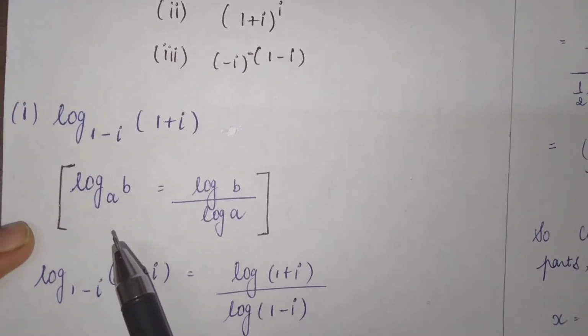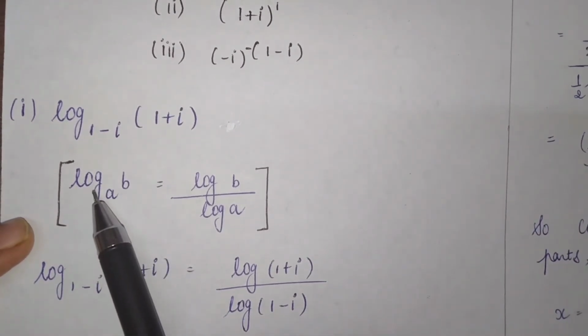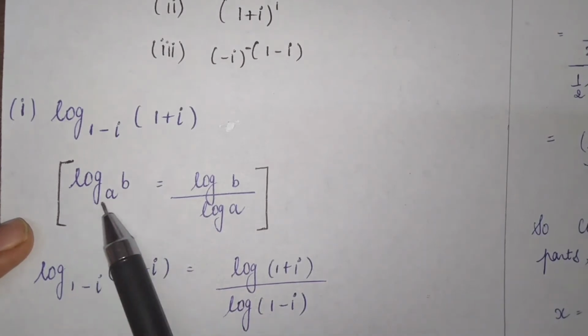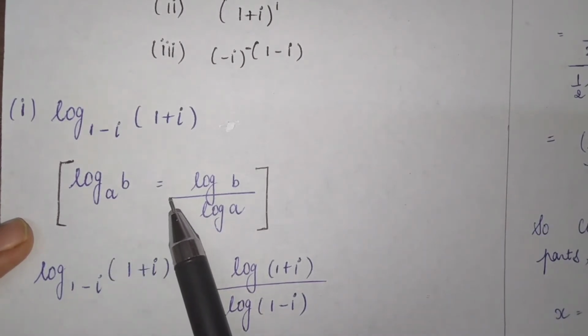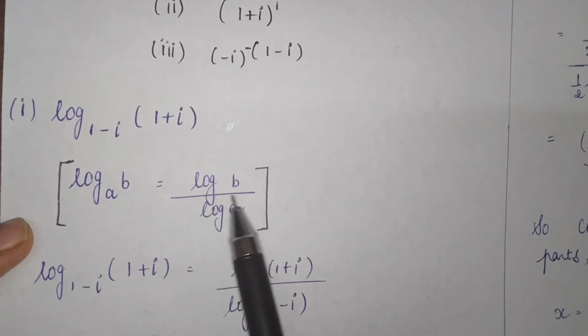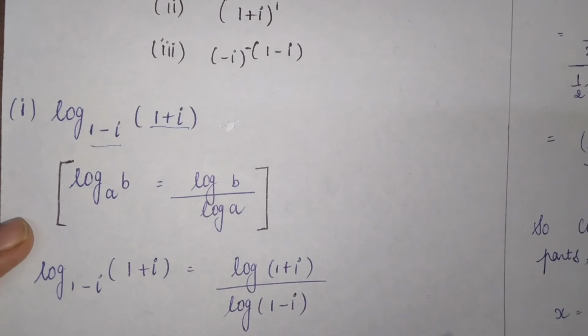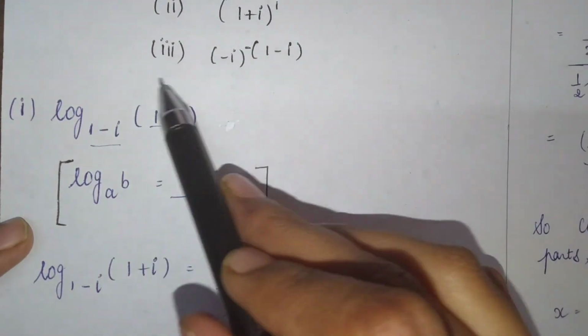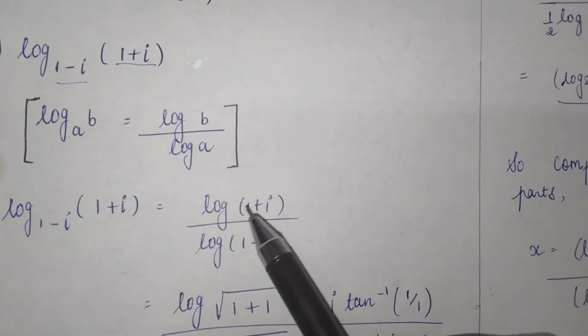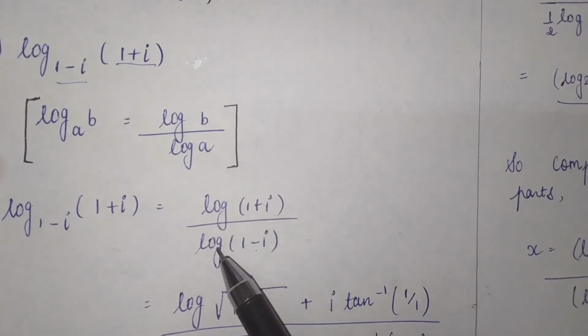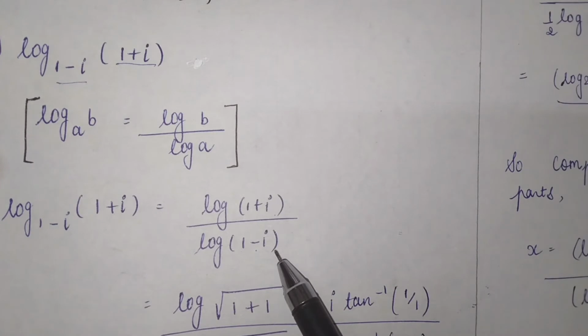We have the formula log b base a equals log b by log a. So here this is our b and this is our a, and we can rewrite the whole expression as log b by log a, that is log(1 plus i) upon log(1 minus i).